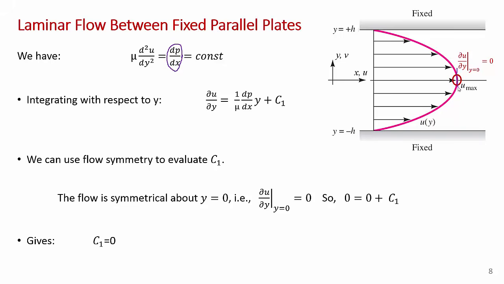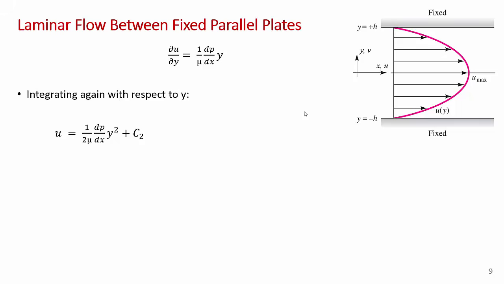We have no slope here, so du/dy at y equals 0 is 0. Our axes are on the center line here, y equals 0 is on the center line. So if we apply this symmetry and substitute in the center line, we know that this is 0, and we get, therefore, that c1 is 0. So we can cross out c1. Now we have just this expression with c1 gone.